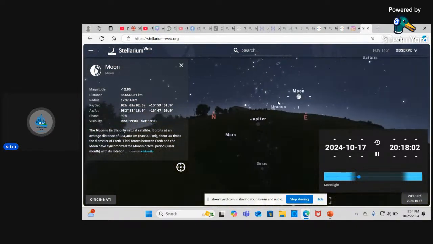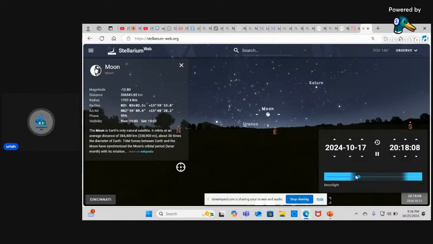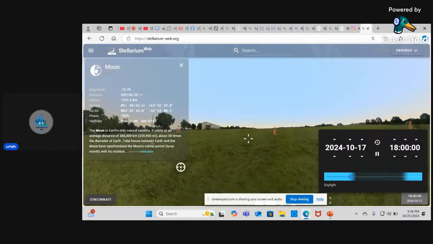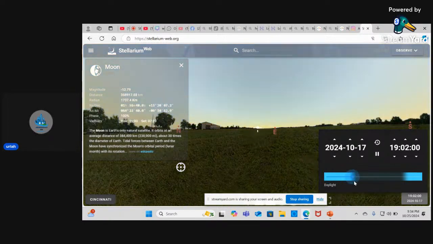So here we have the moon right here, right? At the dawn, it was 100% illuminated. As you can see, it tells you the phases. It tells you the whole phase and the percentage of what the moon is. So it's letting you know that it was 100% illuminated at this time of the dawn.